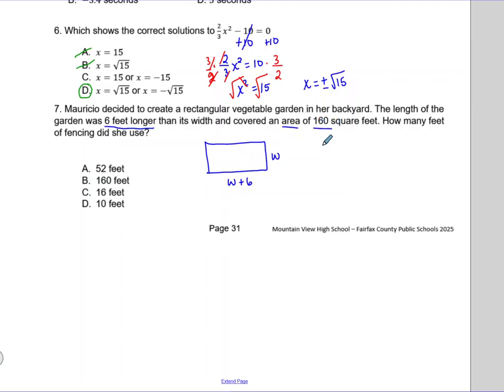So the area we know is when you multiply these two, so that's 160 has to equal the width times your length, which the length is width plus 6. Okay, so we have a formula here. I can go ahead and figure out what the width is by plugging it in decimals. I don't want to take too much time solving it.